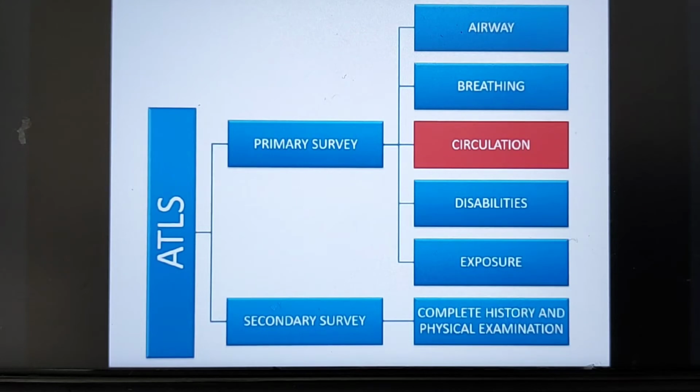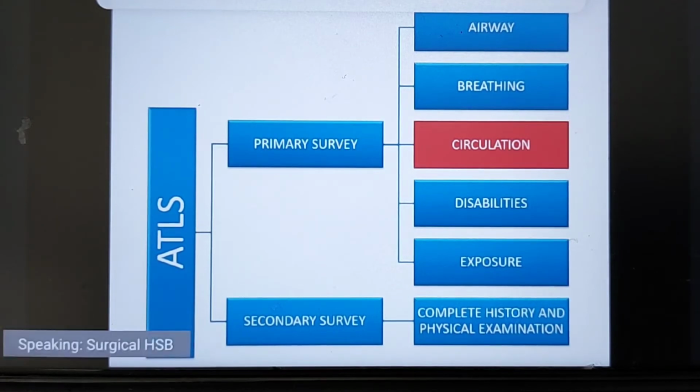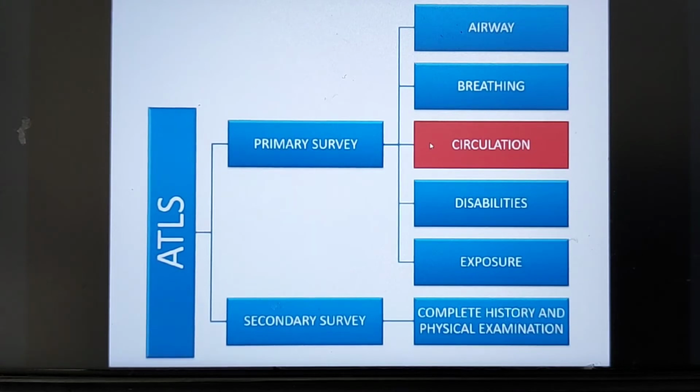B is breathing: we look for respiratory rate, any added sounds, symmetry of the chest movement, and any tracheal deviation. Circulation I will explain in detail later on. Disability: usually we look at the GCS score. Exposure: we do a head to toe examination.